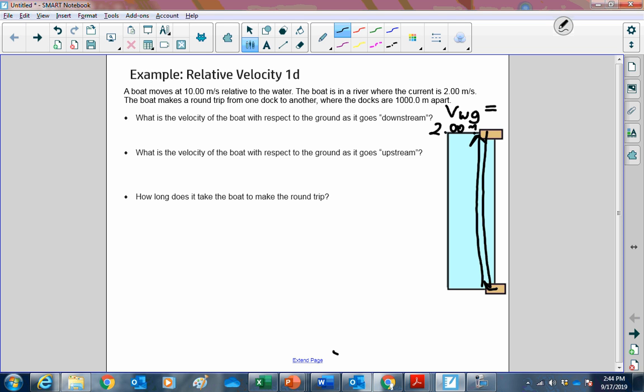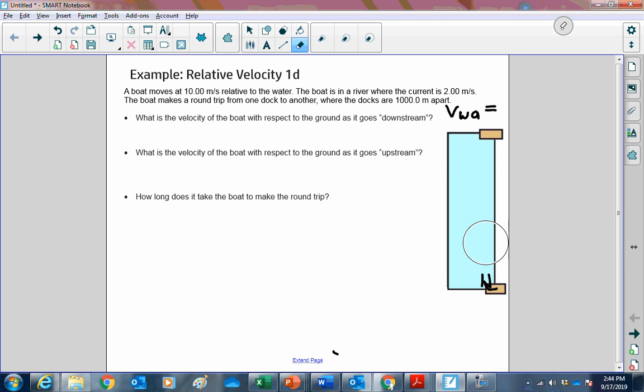That's what it gave us. Sorry, let me erase my arrows that I had drawn here. That's going to be 2 meters per second, and it's pointing that way.